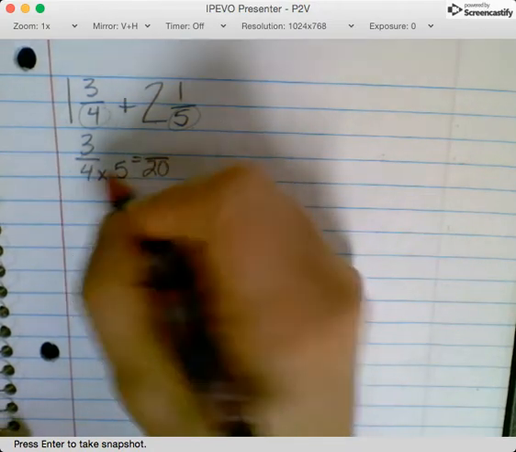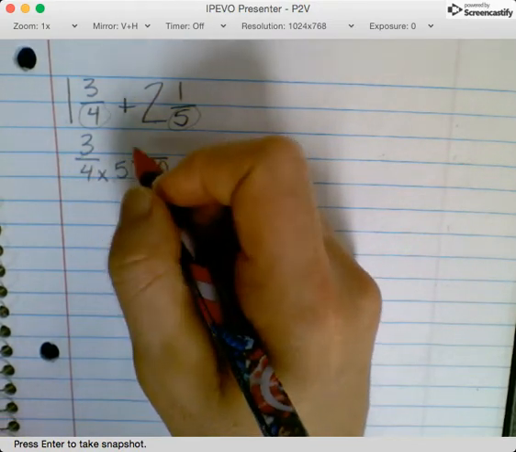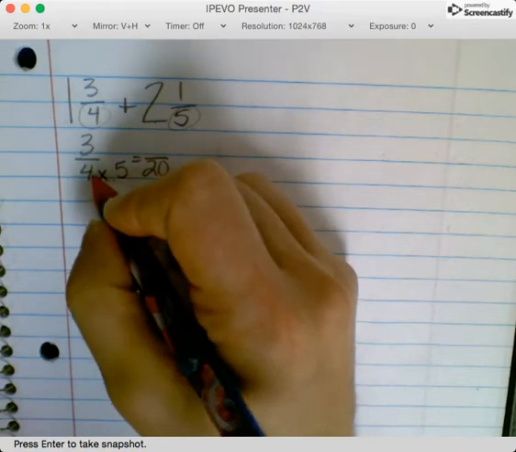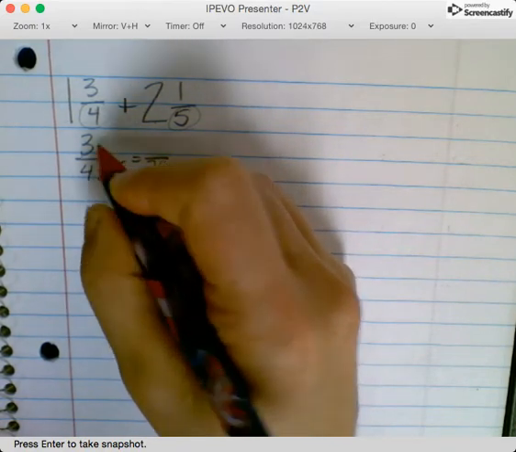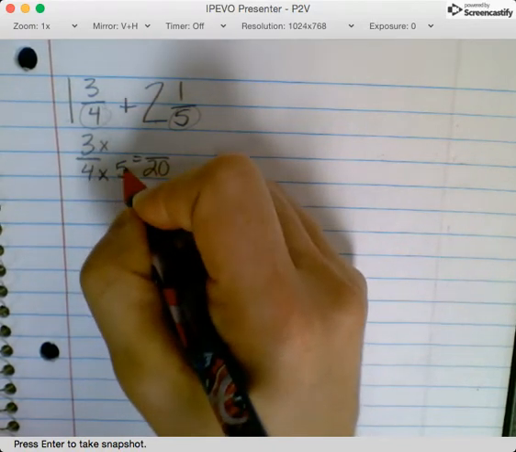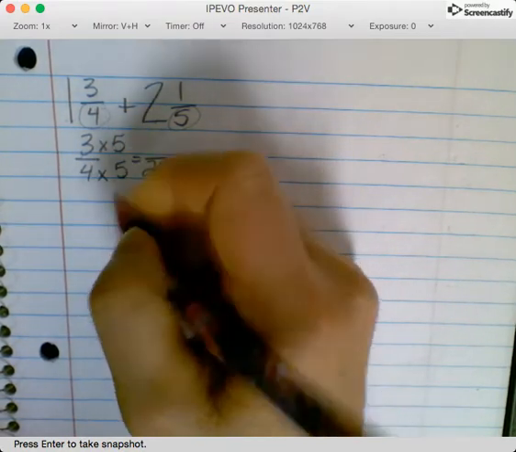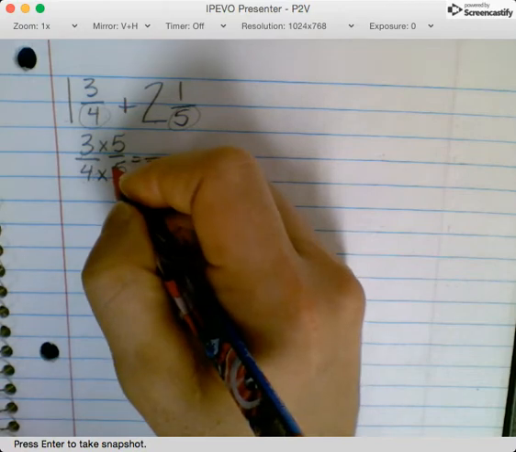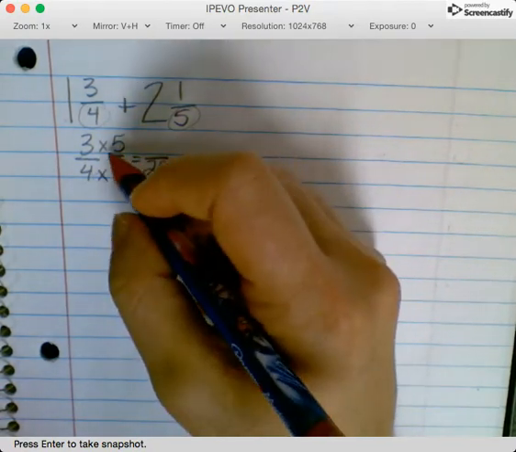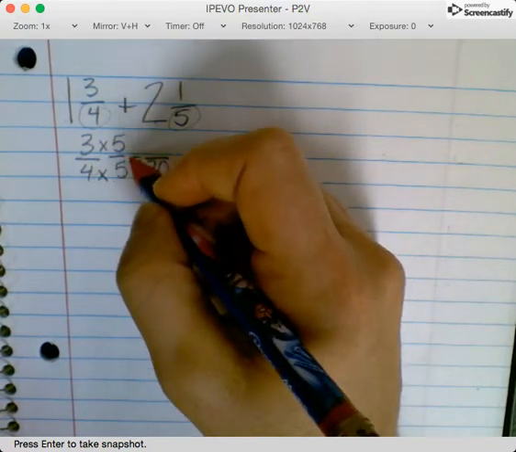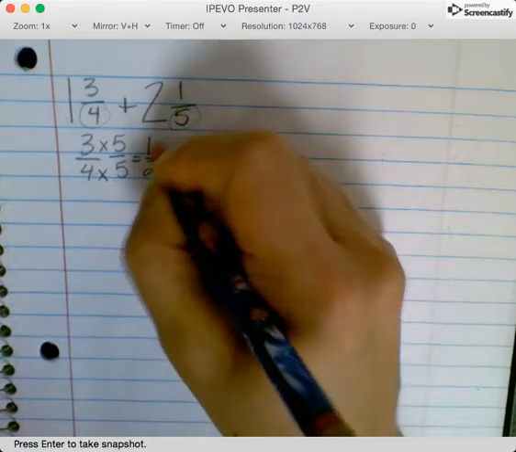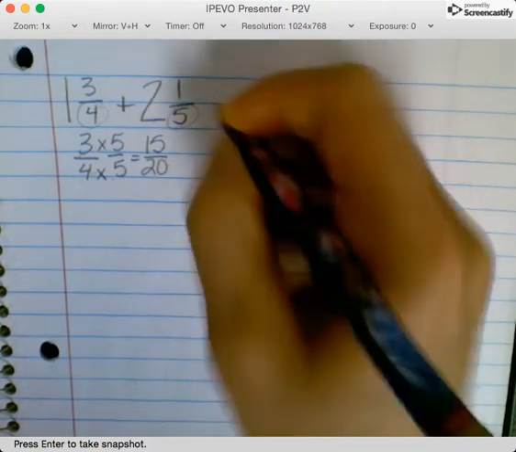So again, if you recall from earlier discussions, whatever you do to the denominator, you also do to the numerator. So if I multiply the bottom number times 5, then I also have to do the same to the top number. That makes it an equivalent fraction. So 4 times 5 is 20, then 3 times 5 is 15.